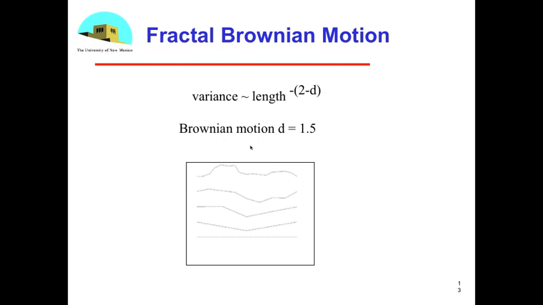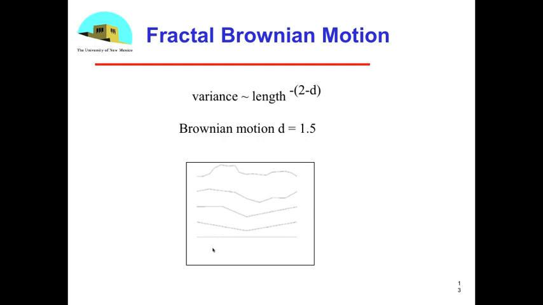It was studied by Einstein originally, and the model that's used there is somewhat different from here. But if you pick the dimension to be 1.5, you get something that is in fact Brownian motion. But the interesting part here is that by taking values other than 1.5, you can get curves that range from being very smooth to being very rough.